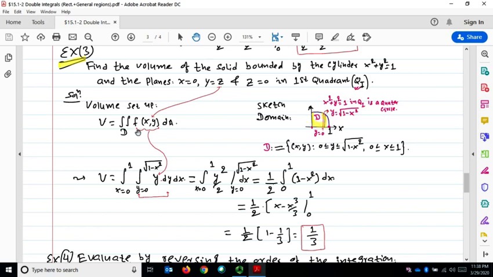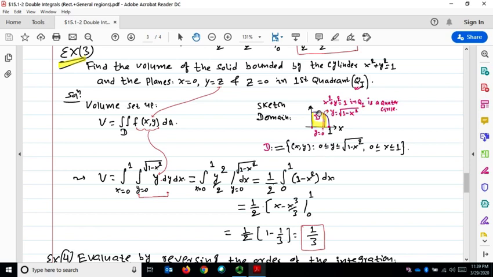And then to find the limits for our double integral, let's describe this domain of integration as vertically simple. So draw the vertical slice and look for the entering value to the exiting value for the y bounds. So the lower bound of y is given by the x-axis, which is y equals 0.